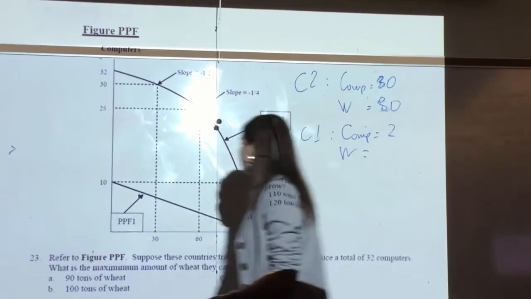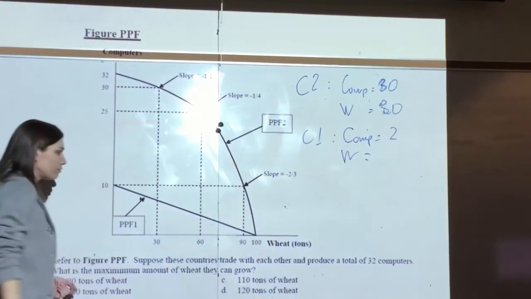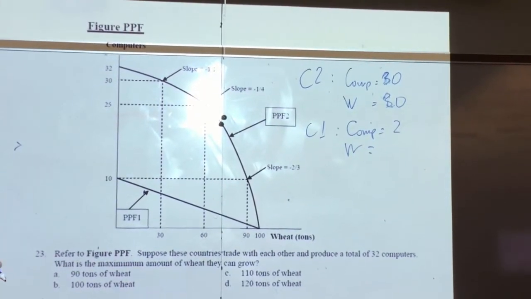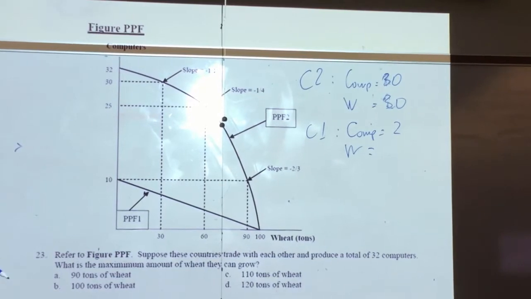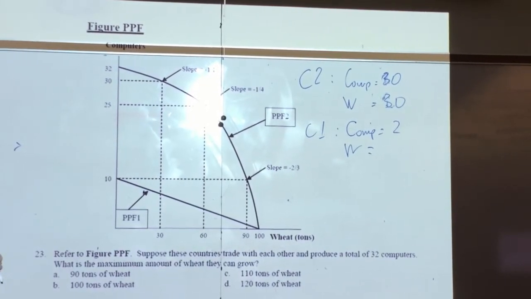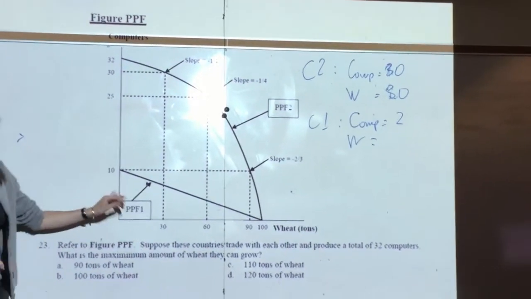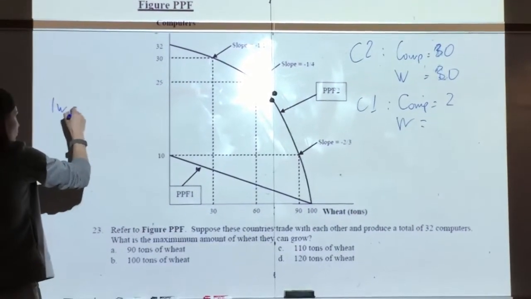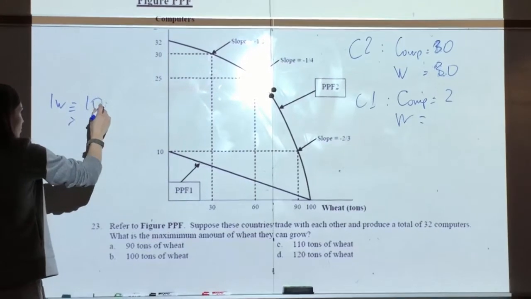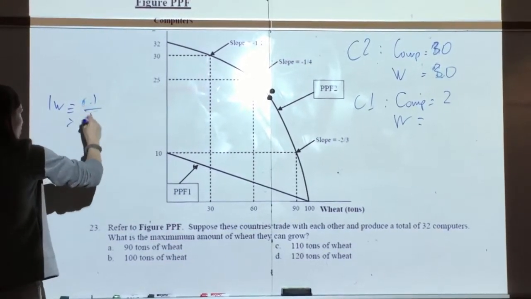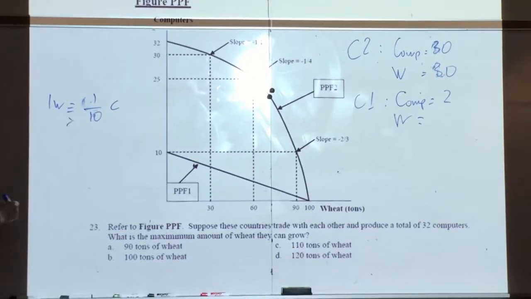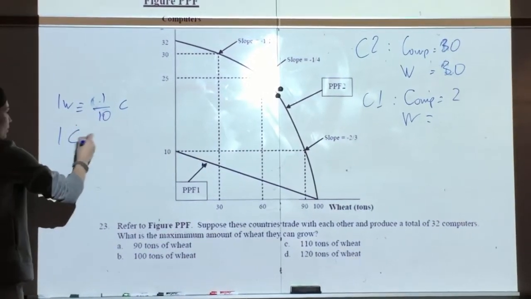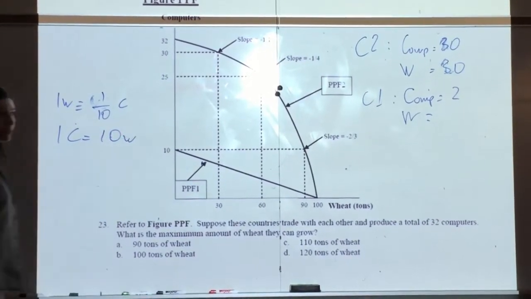If they produce 2 computers, how many tons of wheat can they produce? 90. But look at the opportunity cost of wheat. It's 1/10, right? So 1 wheat for country 1 is equivalent to 1/10 computers, meaning that 1 computer is equivalent to 10 wheat.